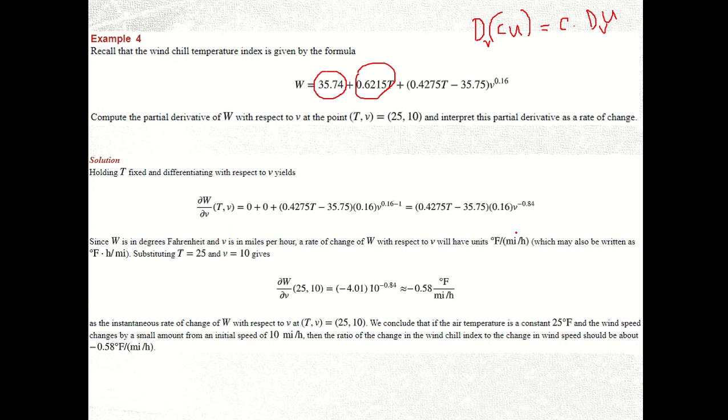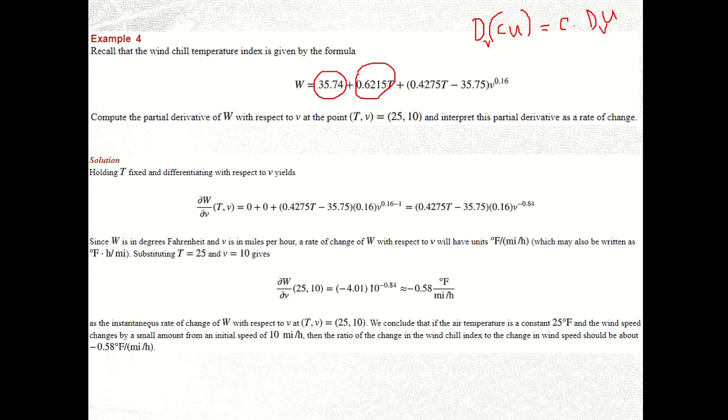Okay, you just apply the rule in multiplication of fractions here. So substituting t is equal to 25 and v is equal to 10. So this gives us approximately the rate of change approximately equal to negative 0.58 degree Fahrenheit per mile per hour.